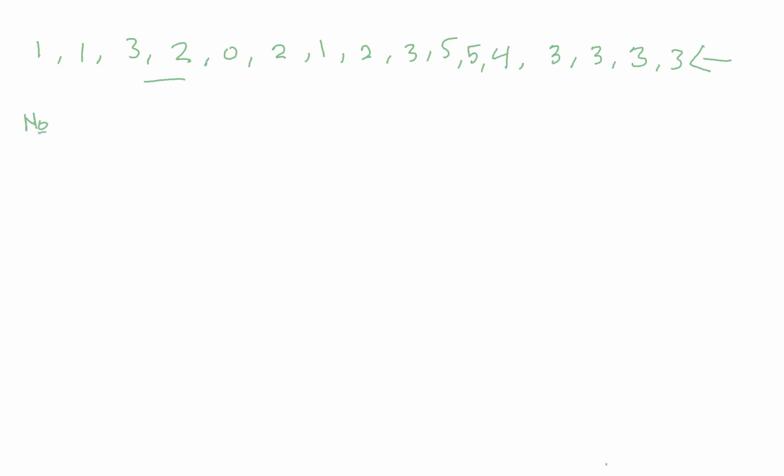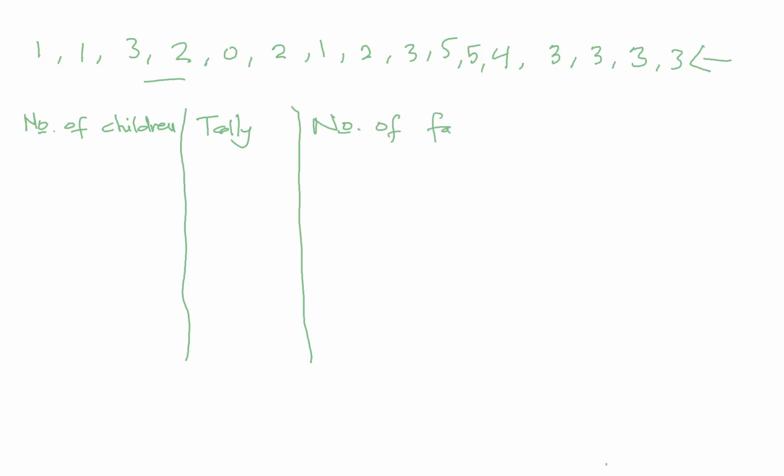Number of children. And our second column is our tally. Third column, number of families.